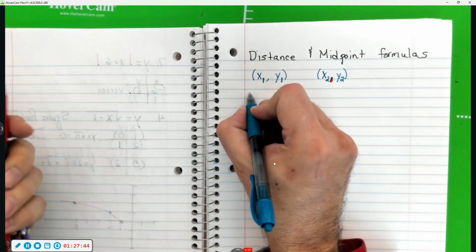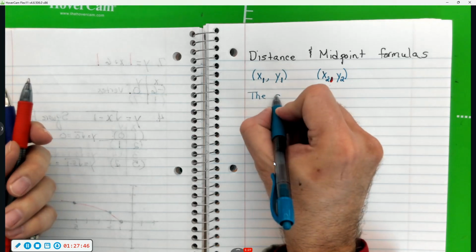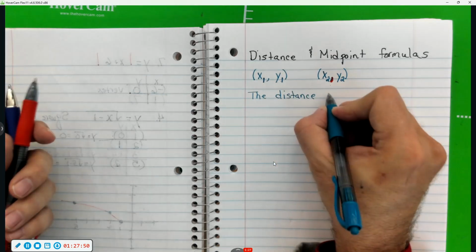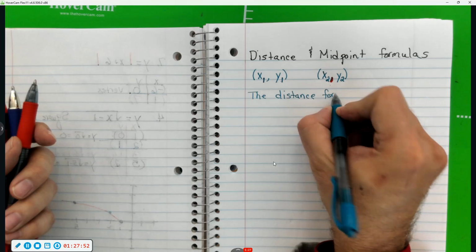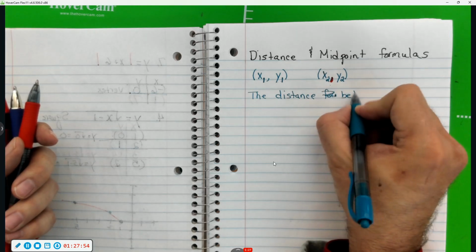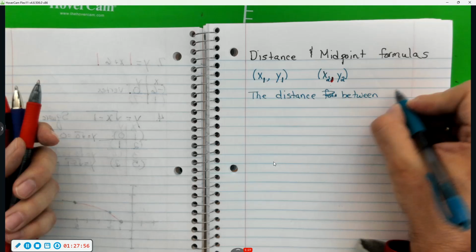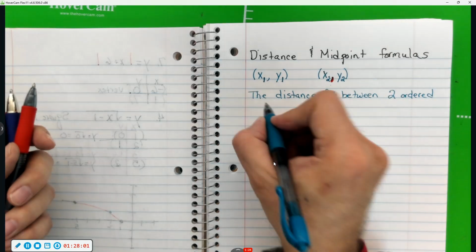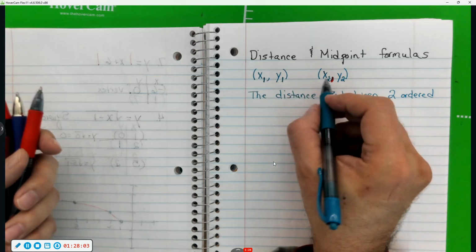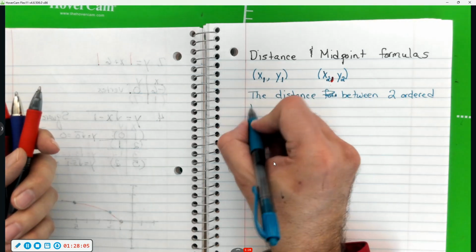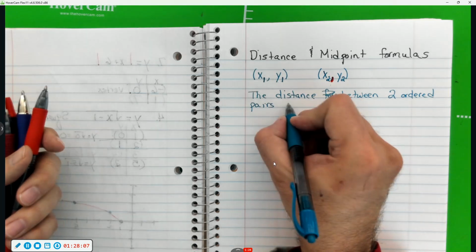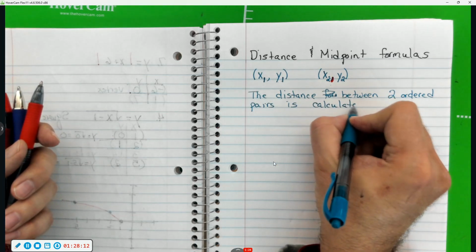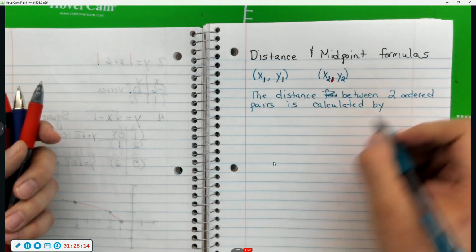Okay. Let me state the distance formula first. The distance between 2 ordered pairs, X1, Y1, and X2, Y2, is calculated by this formula.